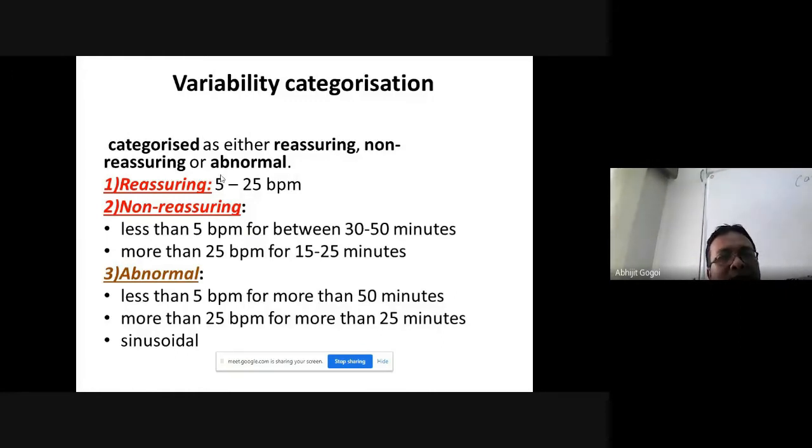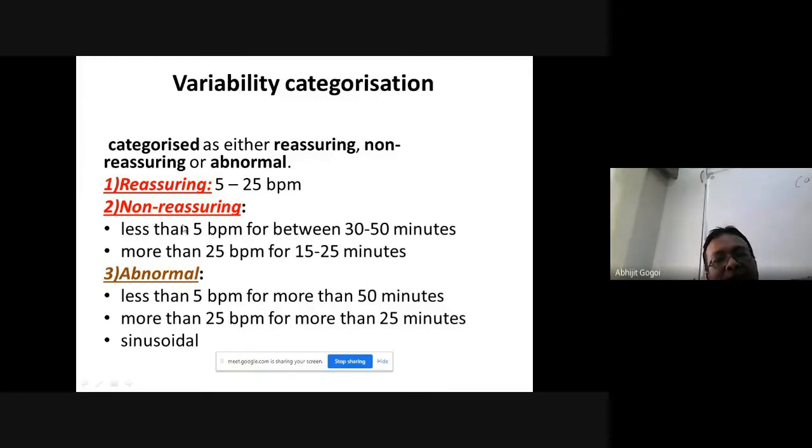But if for some reason it is non-reassuring, meaning less than 5, no variability at all, or more than 25, then we have to do other checkups, other ultrasounds and tests, to find out what the problem is. That is called non-reassuring. But if the variability is between 5 and 25, then you reassure her that everything is okay and she can go now. Everything is normal here.